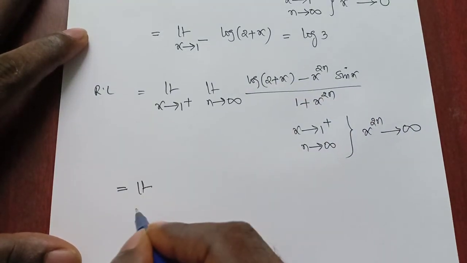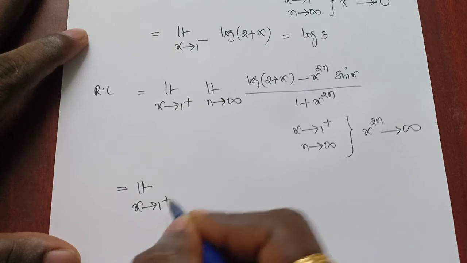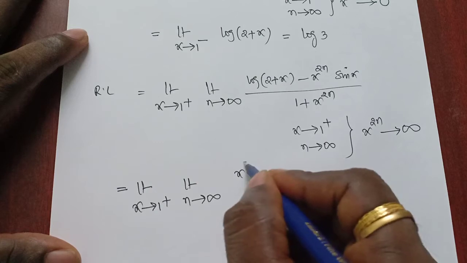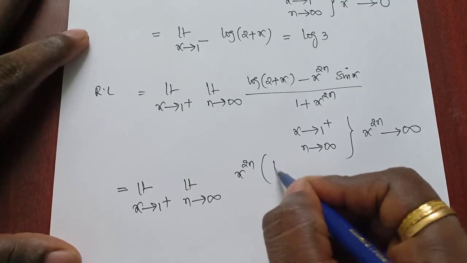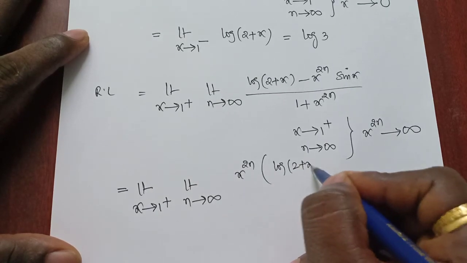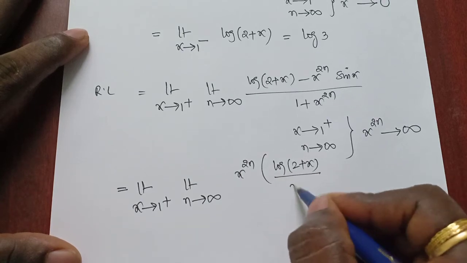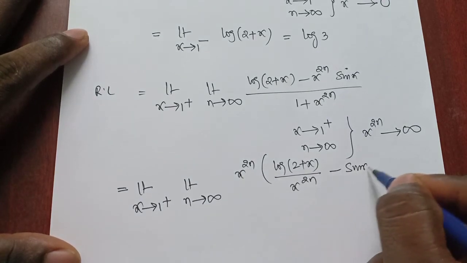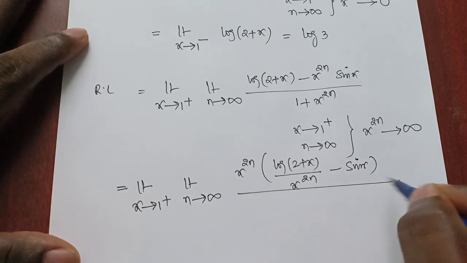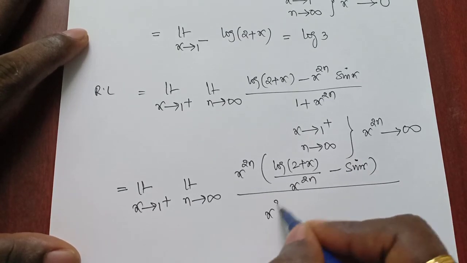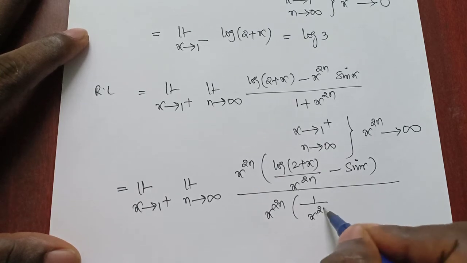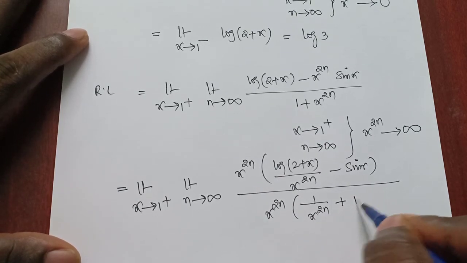What we get? Limit x tends to 1 plus and limit n tends to infinity. If you take x power 2n common, what will you get? Log of 2 plus x divided by x power 2n, minus sin x, divided by, and here also take x power 2n common, so 1 by x power 2n plus 1.